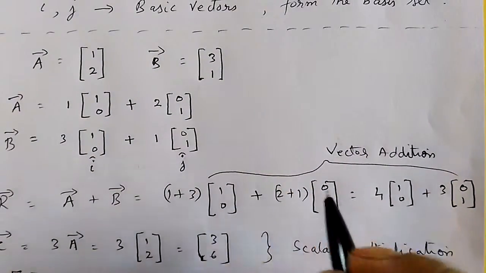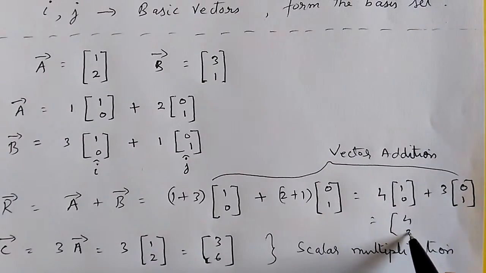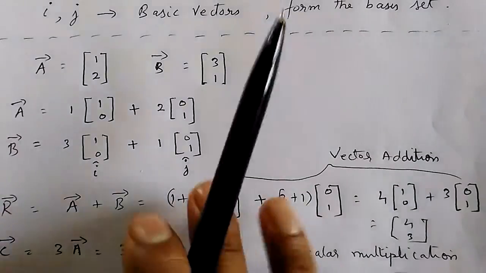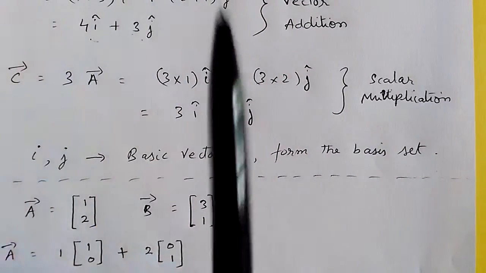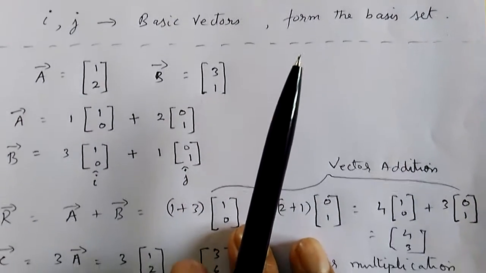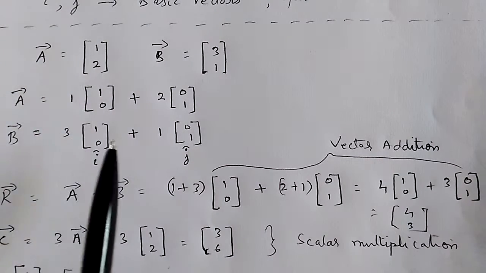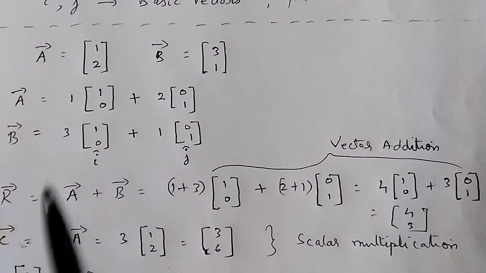You'll end up getting 4, 3, which is the sum of these two, which was also what we had got here, R as 4, 3. So it seems like matrices also behave like vectors, but only particular kinds of matrices. And even with multiplication, when I multiply 3 into A, I'm multiplying each component here.